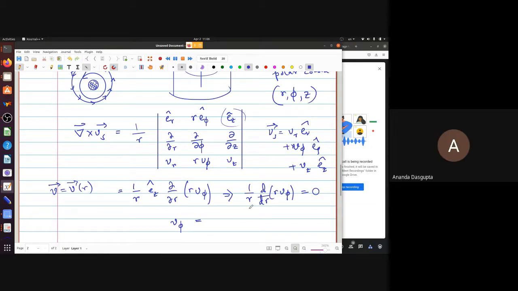V phi is a constant would be very horrible, right? It would mean that no matter how far away from the axis you are, you have the same velocity. That would be horribly wrong. No, if V phi must be 0, then that's a possibility that the fluid doesn't rotate at all. That's not the possibility we are looking at. What other possibility is possible there?